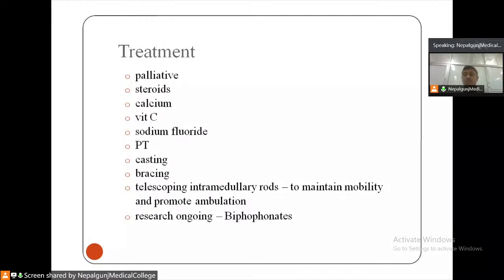There is a recent theory about bisphosphonates. Bisphosphonates are also used nowadays, but their purpose has not yet been established.